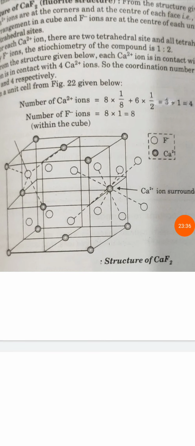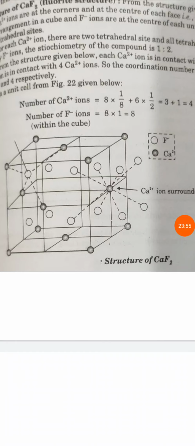For example, if the radius ratio value is between 0.414 to 0.732, the coordination number is 6 and it gives rise to a stable structure. If the radius ratio value is less than the lower limiting value, the coordination number changes from 6 to 4, and when the value is more than the upper limiting value, the coordination number changes from 6 to 8.